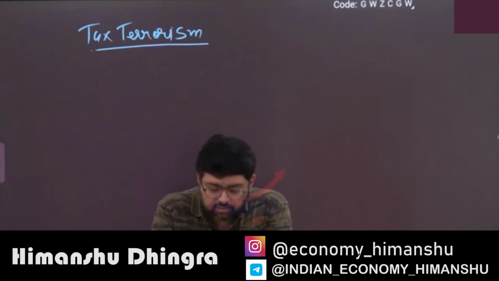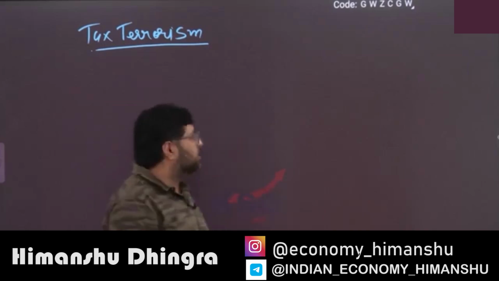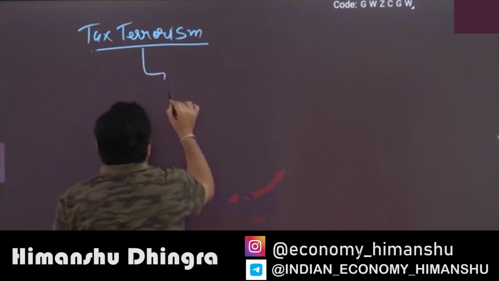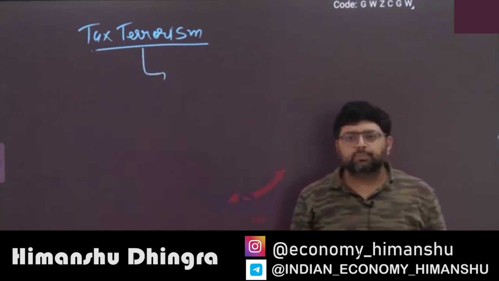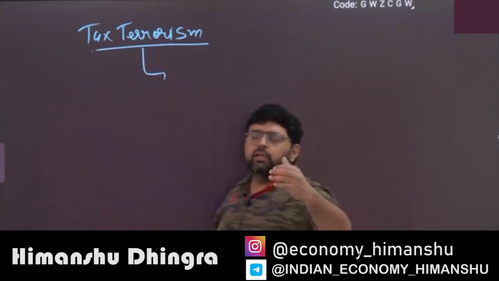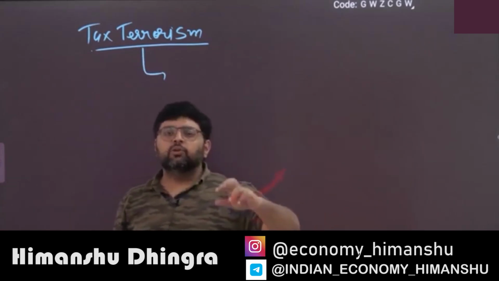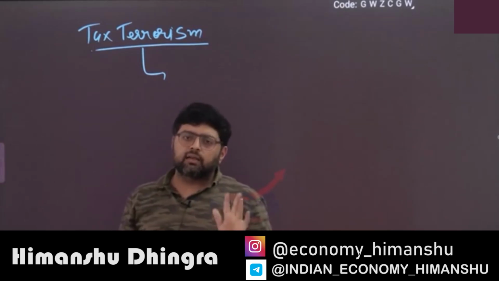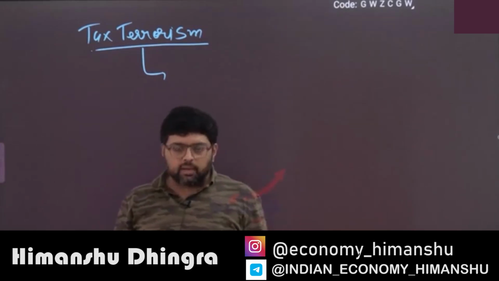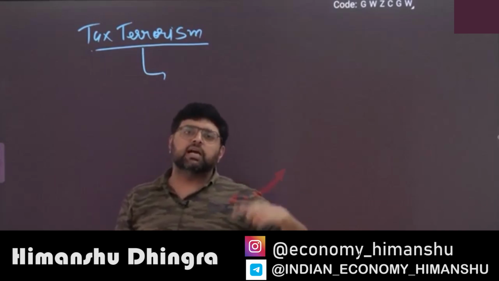Sometimes tax officials unnecessarily harass the taxpayers. They send you notices again and again, even when you have shown that you have paid your tax as per your income, but they still keep sending notices.